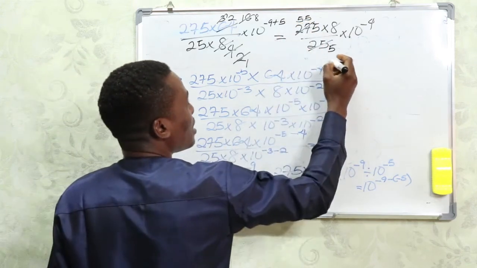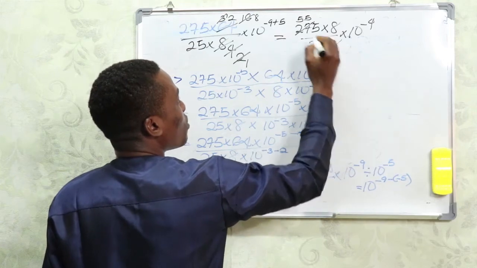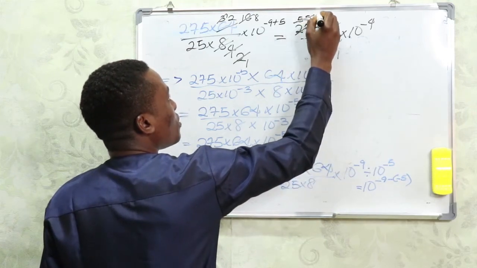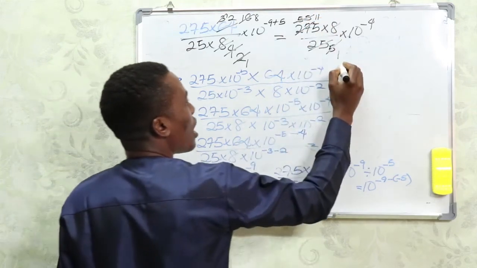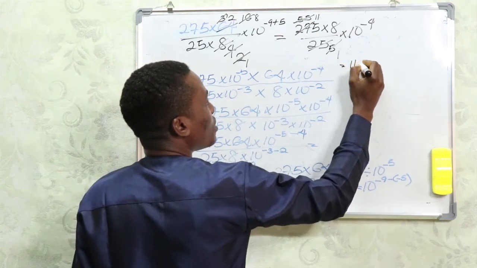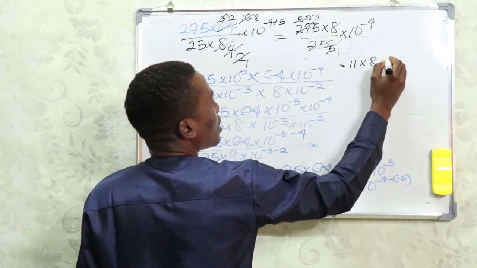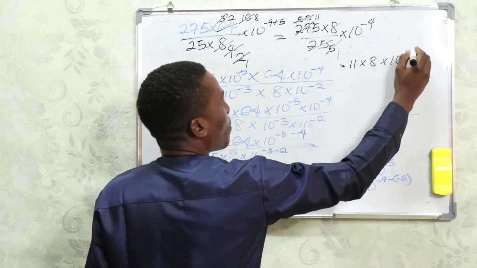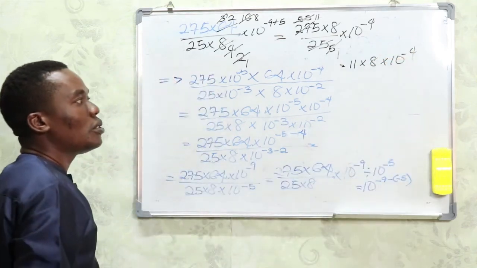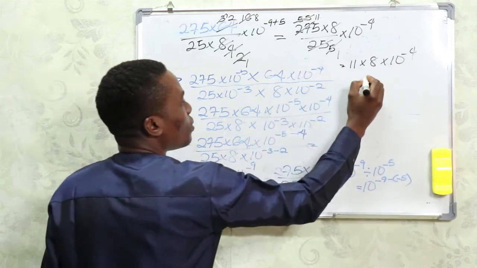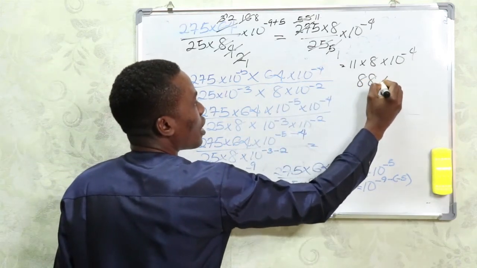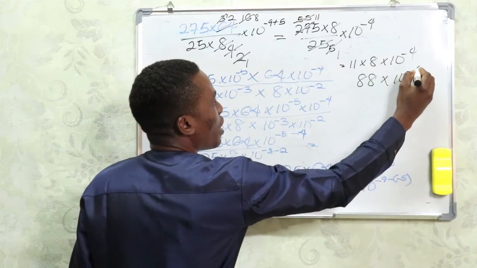So 5 here can go here to give you 1, 5 can go here to give you 11. So what we have here is 11 times 8, right? Times 10 raised to power minus 4. Now this times this will give you 88 times 10 raised to power minus 4.